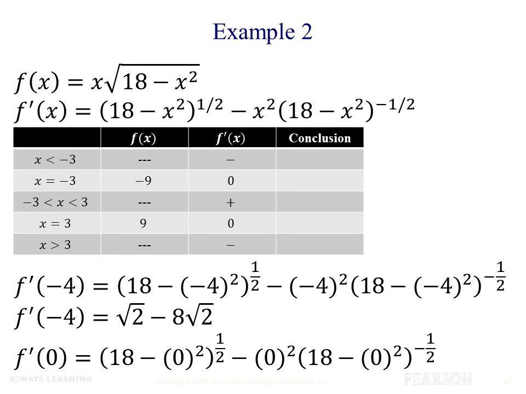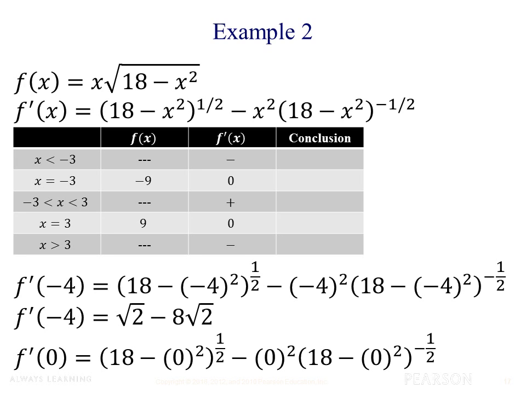As with the previous example, we're only interested in the sign of the derivative across these three intervals. For the interval x is less than -3, I have selected -4 and have shown the calculation. That number turns out to be negative, so the derivative is negative on the interval x is less than -3.